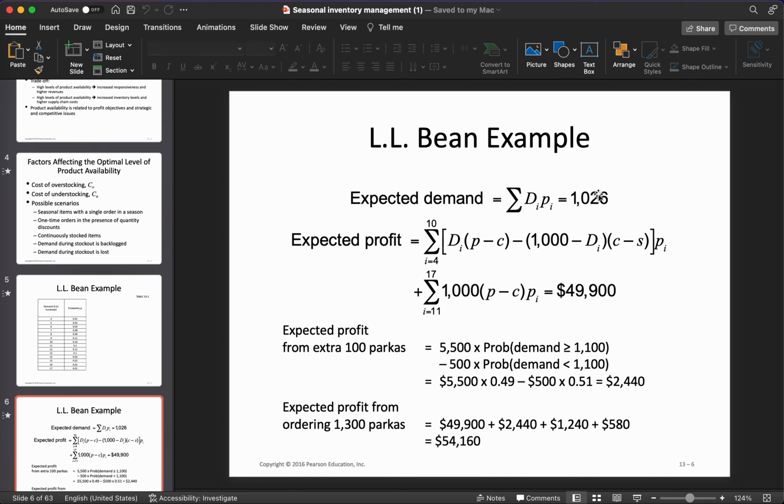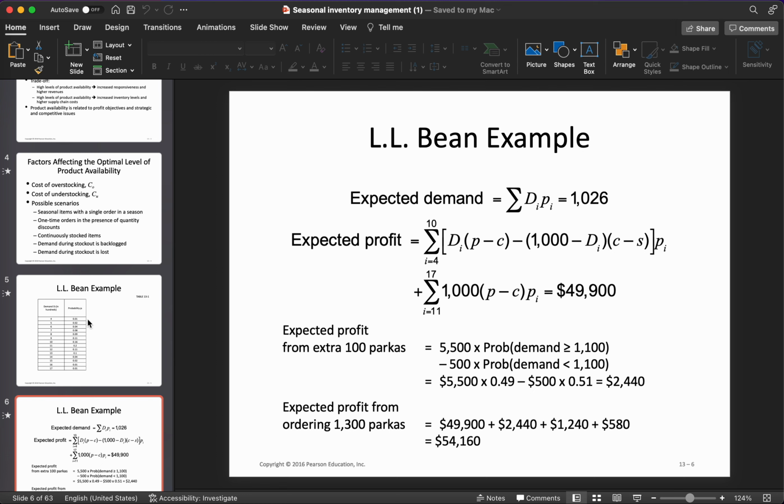So if the average value is around 1026, can we calculate the expected profit if we order 1000 parkas? What will our profit be? And then we'll see what happens if we order 1100 parkas and 1200 parkas, and we'll look at all of these different scenarios. I'll do all of this in an Excel file so we can see how the calculations are done.